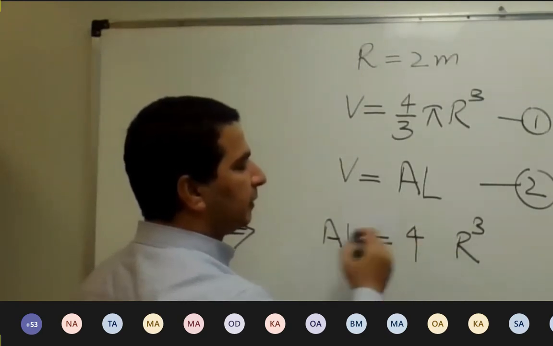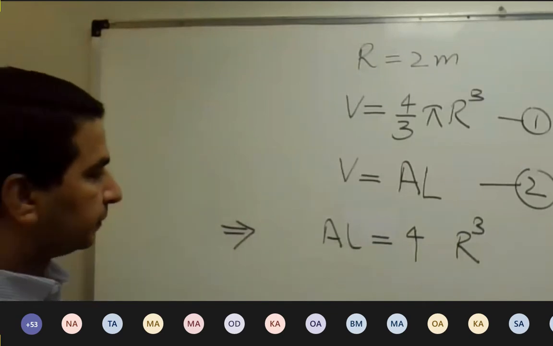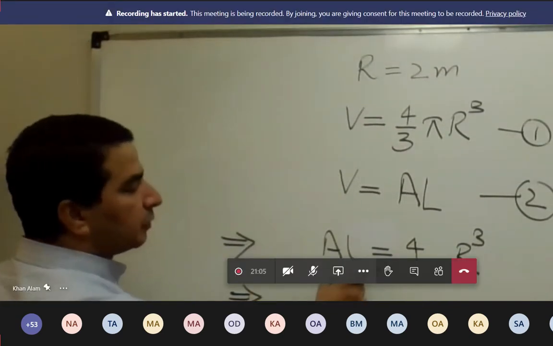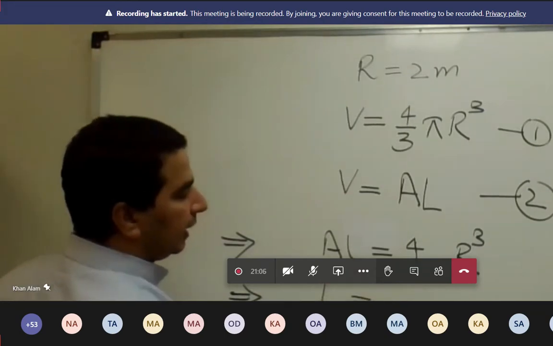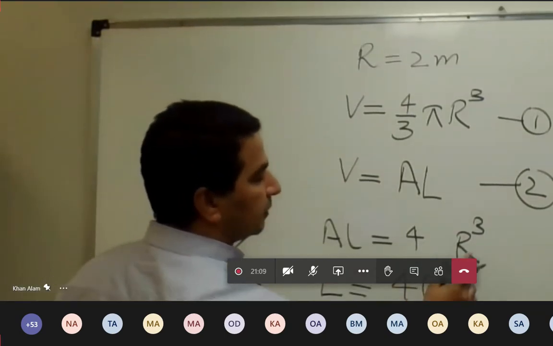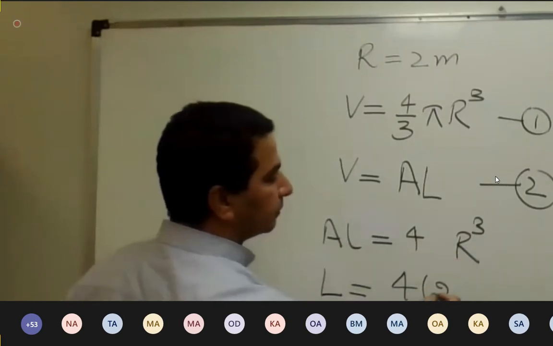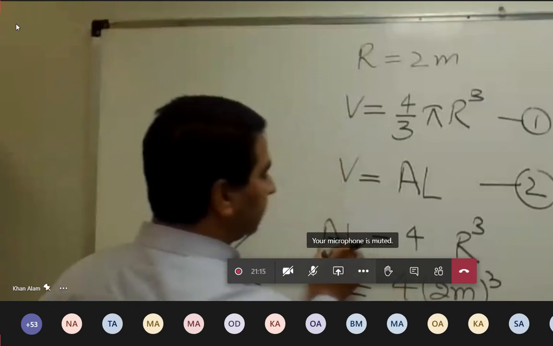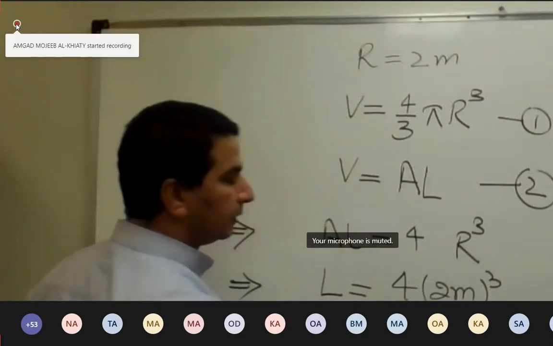So this is a simple form of the equation now, 4 times r. Now, my concern is to determine this length. All I'm going to do is 4 times the radius of the ball, which is 2 meters, cubed, divided by the cross-sectional area.